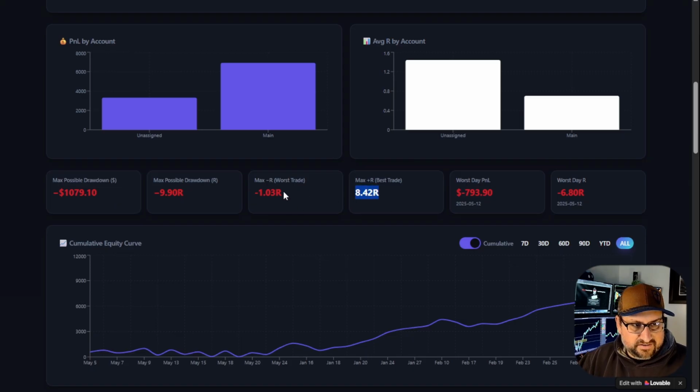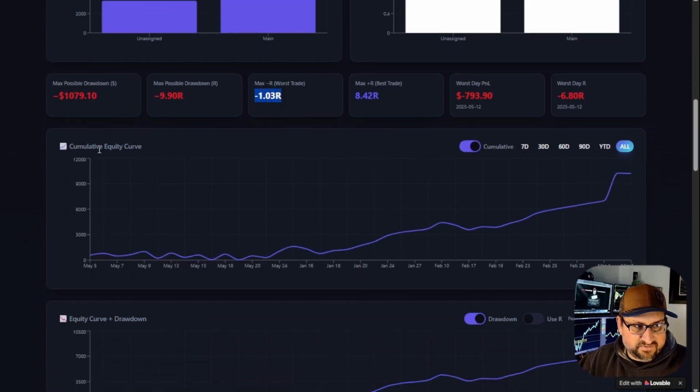Best trade, worst trade, things like that. This is really important obviously to me because I'm very strict on my 1R. And if I go over 1R, it's usually because of slippage, and a lot of times it should be less than 1R, because there are certain points that I choose to trail, things like that.